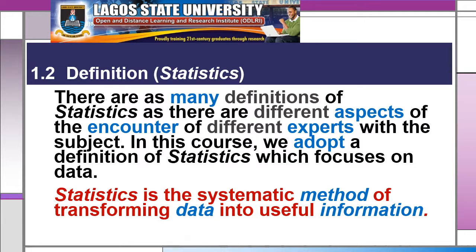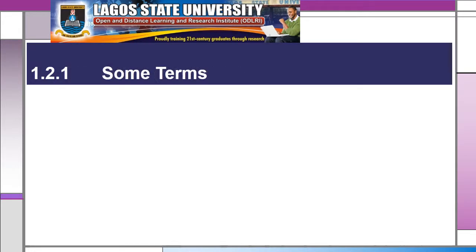Now, this definition has some words that we should be critical about. The first is data, another is method, and the third is information. So we need a fair understanding of these 3 terms.